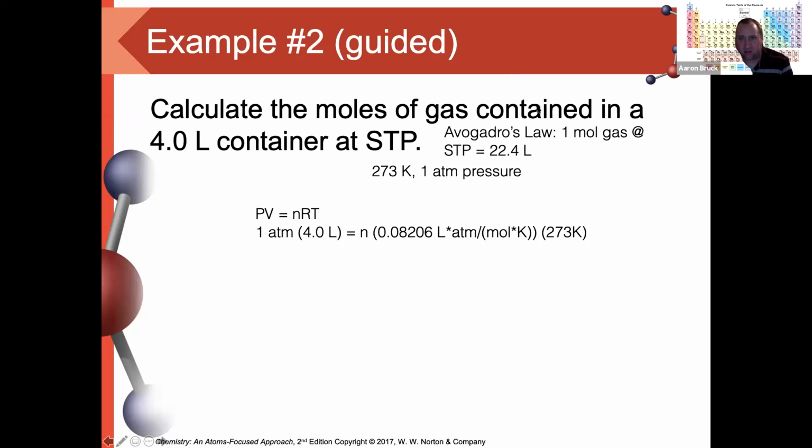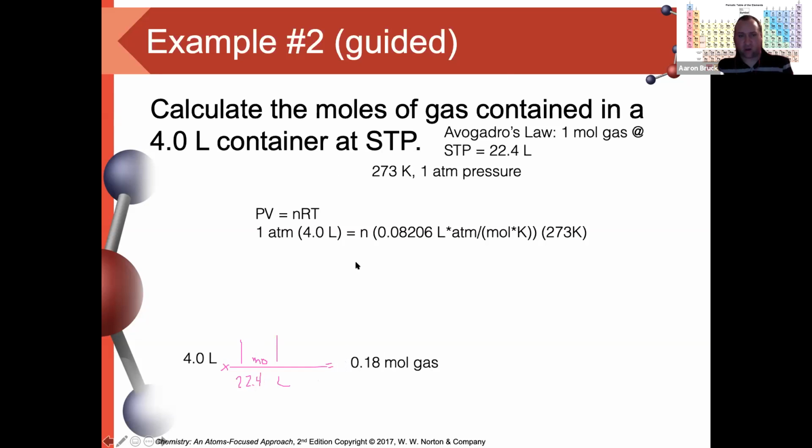So we can actually do this a much simpler way. 4.0 liters, and knowing that there are 22.4 liters in 1 mole, 4 divided by 22.4 to 2 significant figures is 0.18 moles of gas.